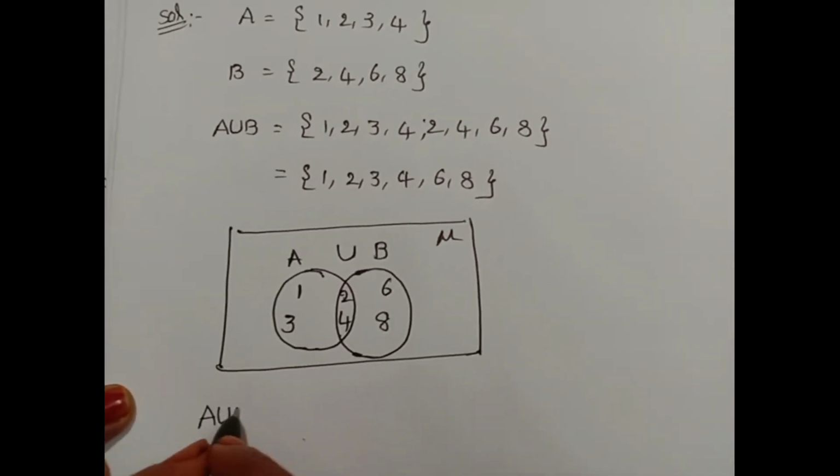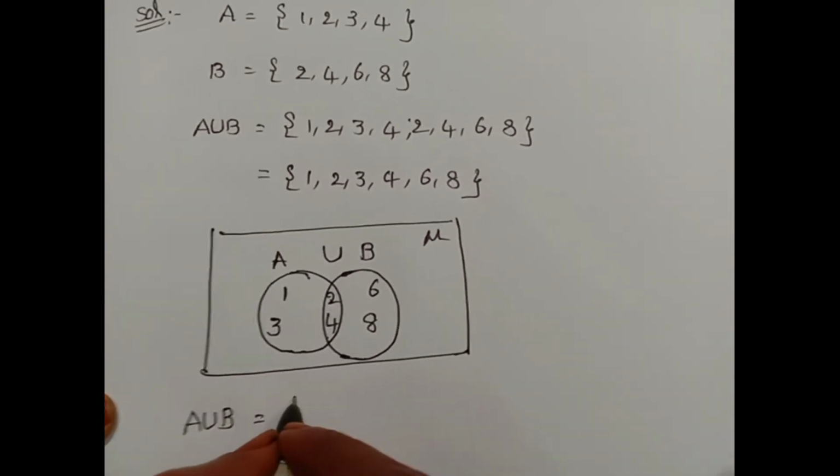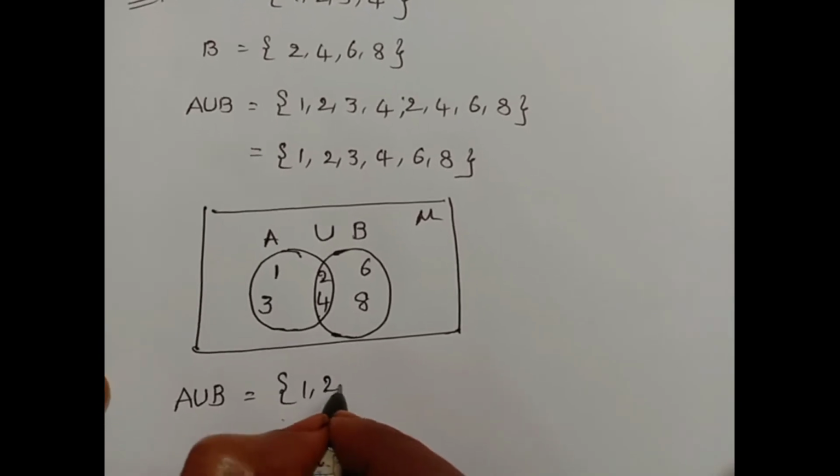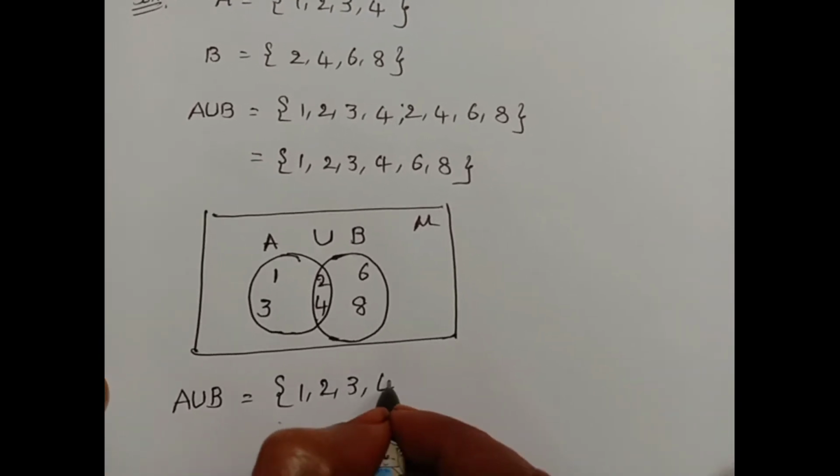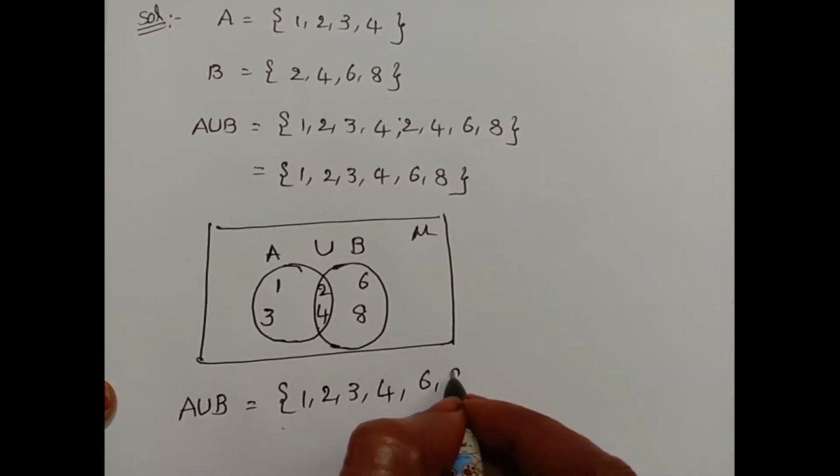A union B is equal to {1, 2, 3, 4, 6, 8}.